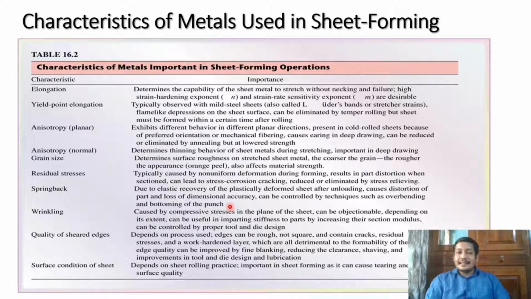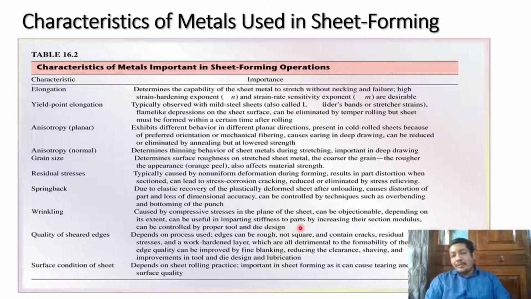Overbending is a normal technique used to overcome the springback effect. Next one is wrinkling. Wrinkling is caused by compressive stress in the plane of the sheet and can be objectionable, depending on its extent. It can be useful in imparting stiffness to parts by increasing their section modulus, and can be controlled by proper tool and die design.